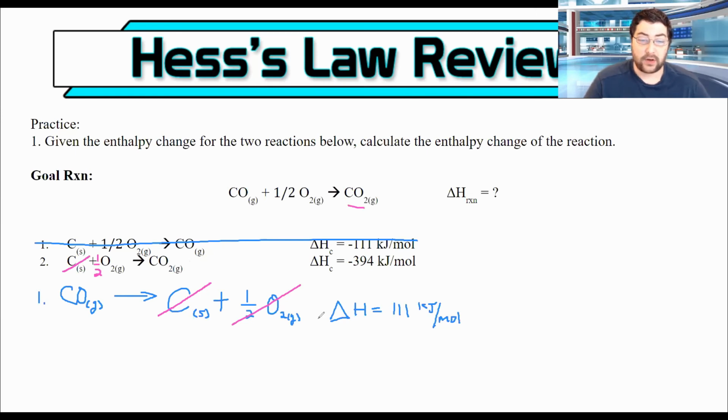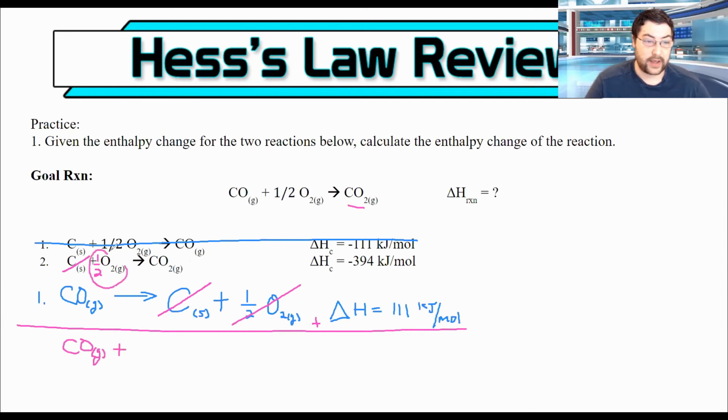Okay, so now all we have to do is add up our reactions and our energy. If we look at the reaction, we're going to have the carbon monoxide gas on the reactant side plus 1/2 oxygen gas will be left on the reactant side.